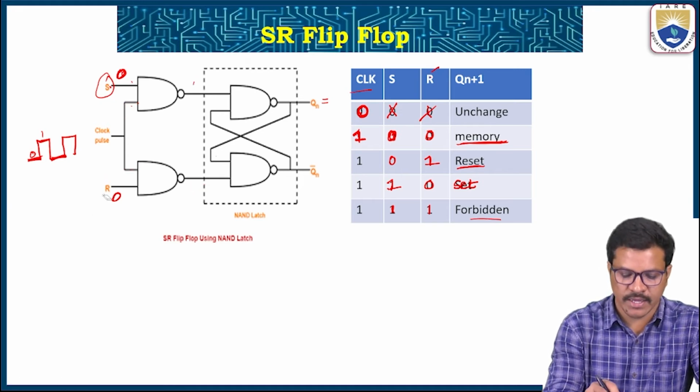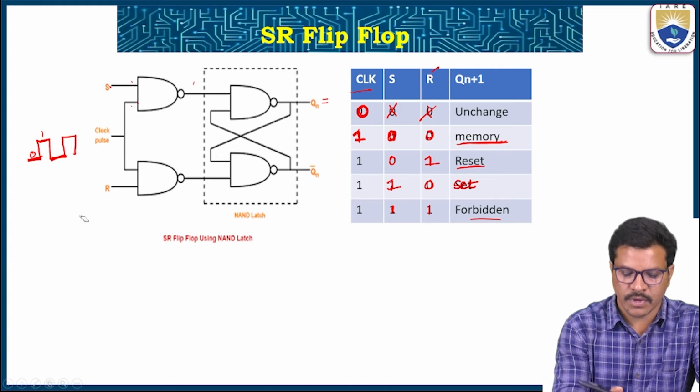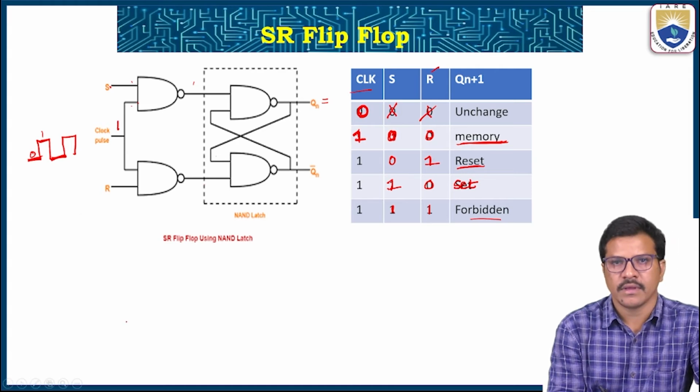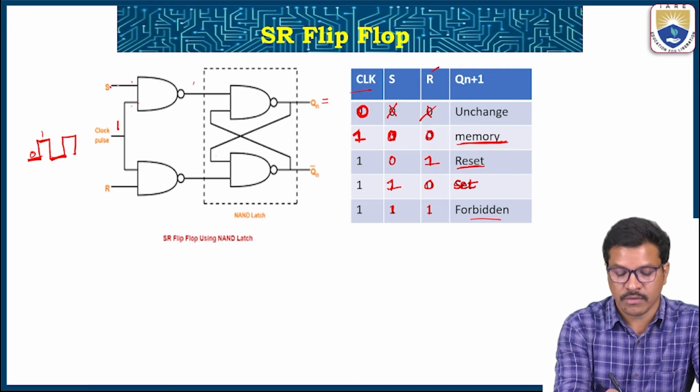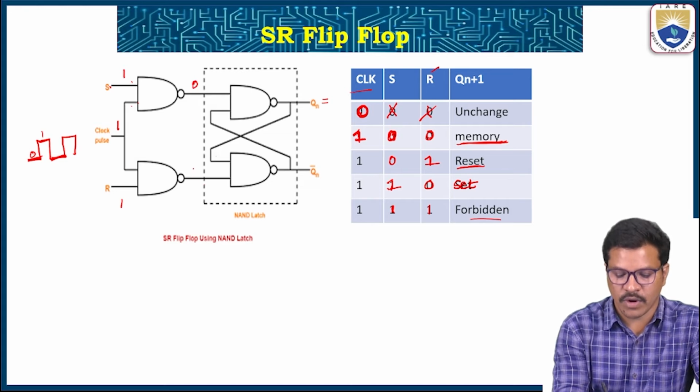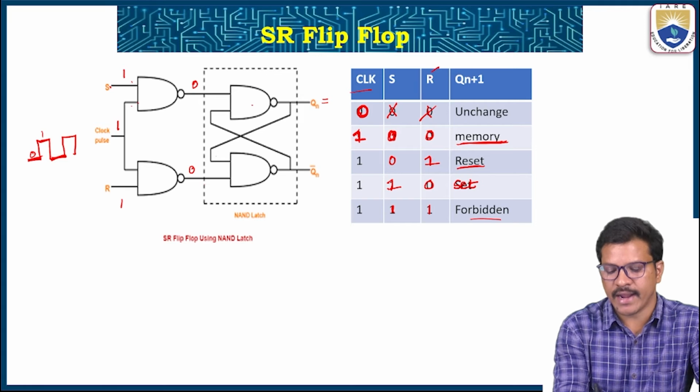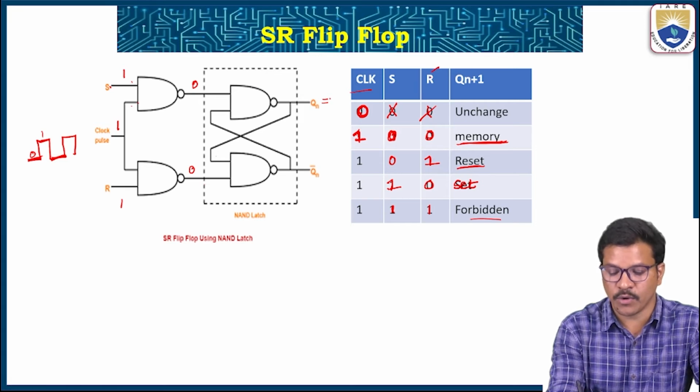Clock is high. As long as clock is high, whatever the inputs S and R, it allows the gates: S 1, R 1, and a NAND gate with 1 1 gives 0. This 0 goes into the next NAND gate, and we can directly say that since one input is 0, the output is automatically 1.